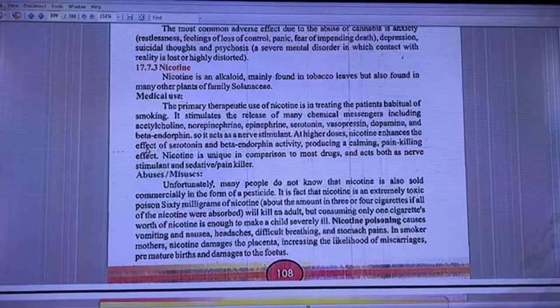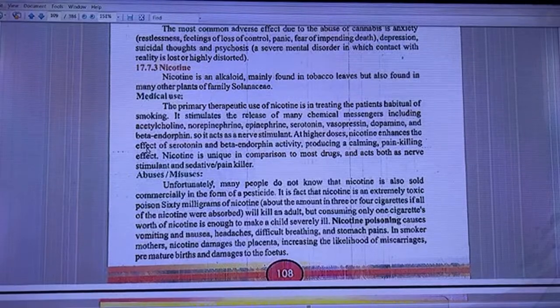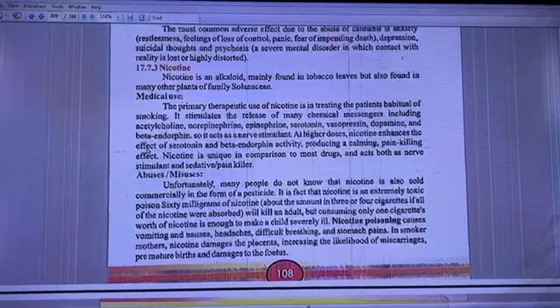It stimulates the release of many chemical messengers including acetylcholine, norepinephrine, epinephrine, serotonin, vasopressin, dopamine, and beta endorphin. So it acts as a neurostimulant.